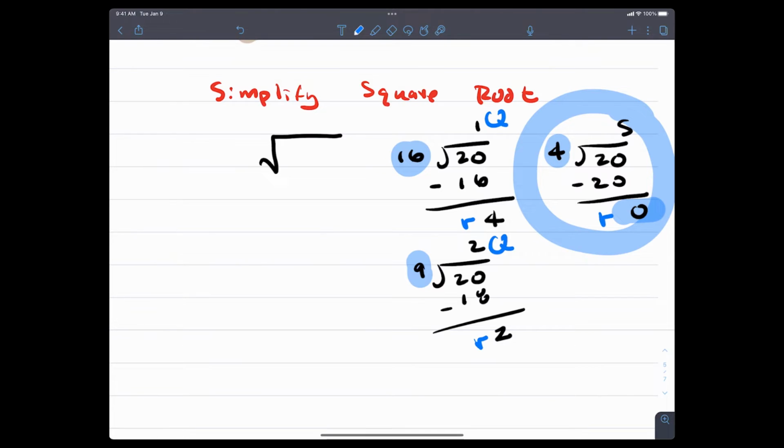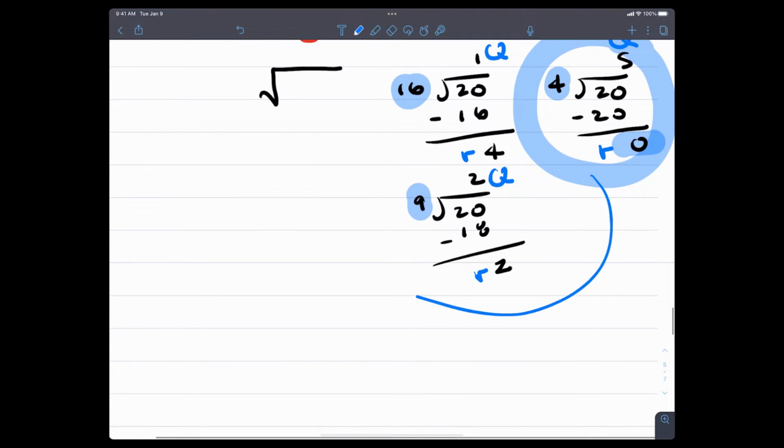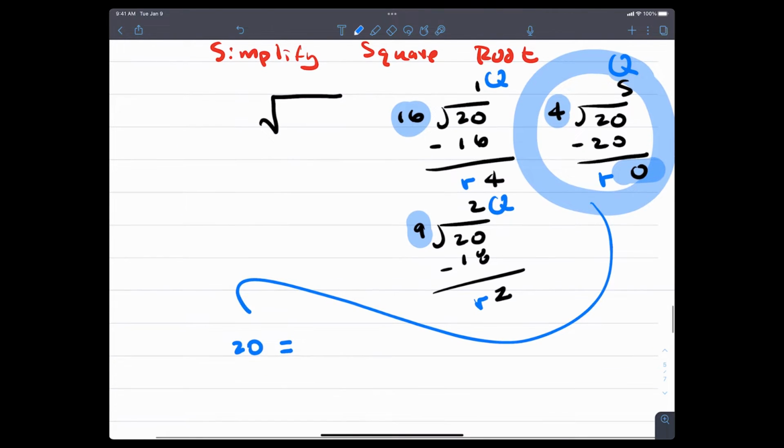These are the quotients. 5 is a quotient. So let's put this together. Here's what I mean by that. 20 is written how? I can write 20 as the quotient times the perfect square. In fact, I want you to do it the other way. Write it backwards.